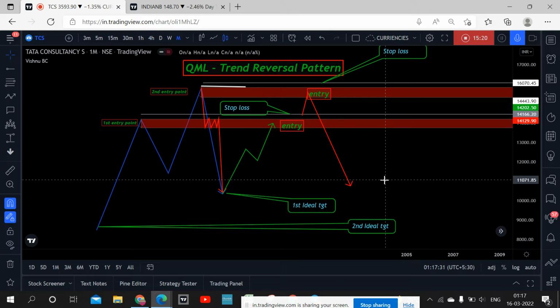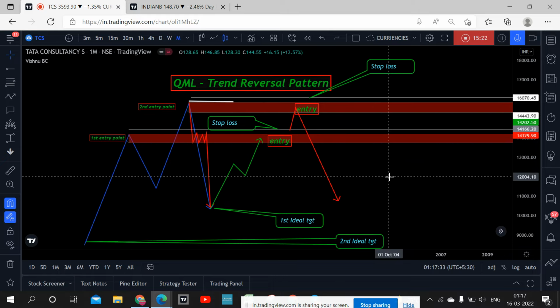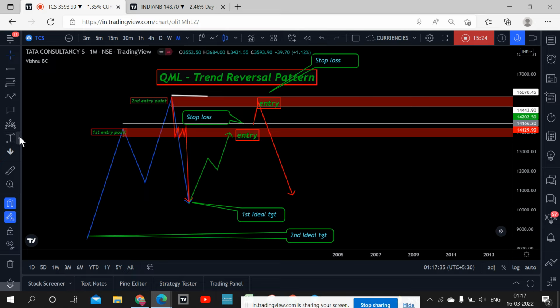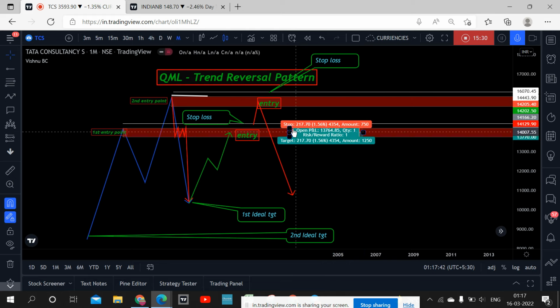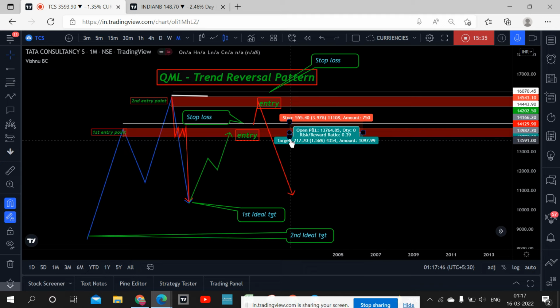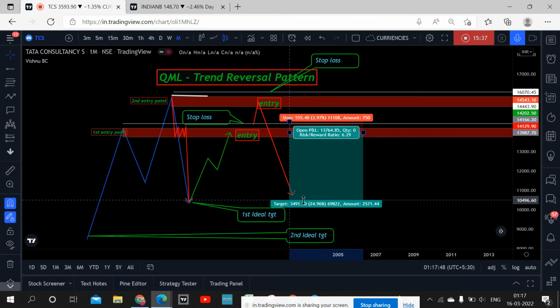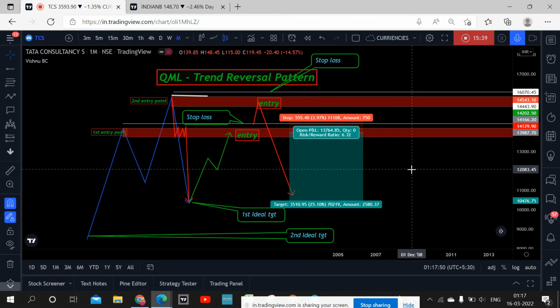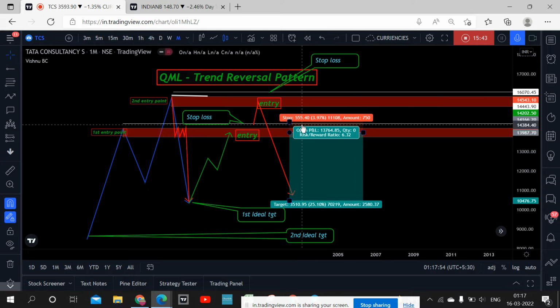Okay, so in this method, if you see the risk reward ratio for a short position, if you're initiating a sell somewhere, for example over here, you're getting 1 is to 6.